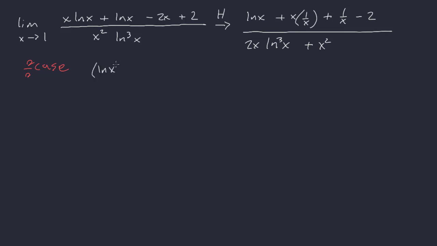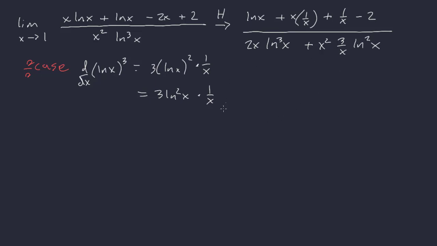So when we take that derivative, we're going to get 3 times the natural log of x squared times the derivative of the natural log of x. So that's 1 over x. So it's going to be 3 ln squared x times 1 over x. Okay, so I'm going to move the 1 over x out front to say that this will be 3 over x times the natural log of x squared.